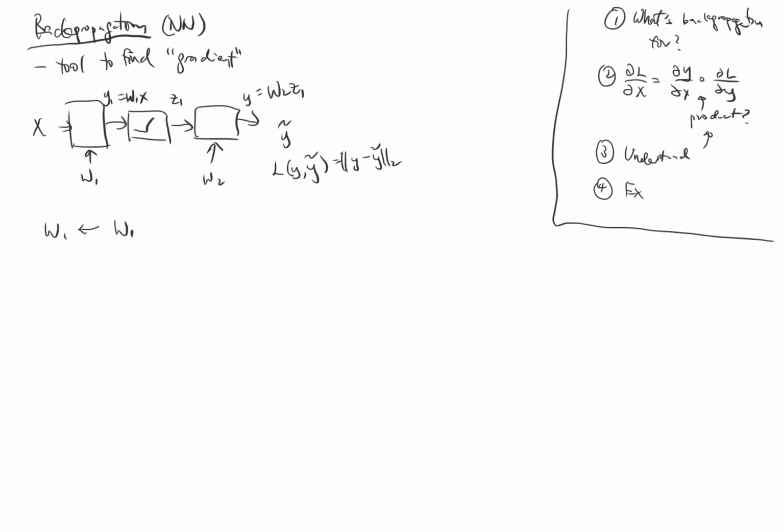Note what gradient means. Here of course W is a matrix, but for the vector case, say I have x and some loss L. The gradient is just the direction of steepest ascent.